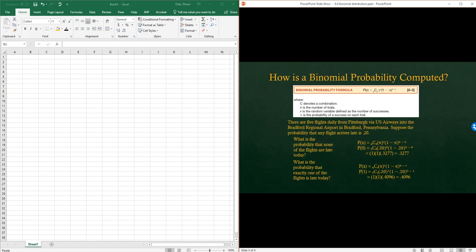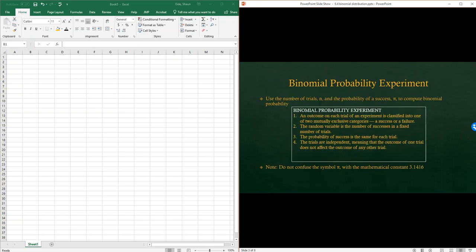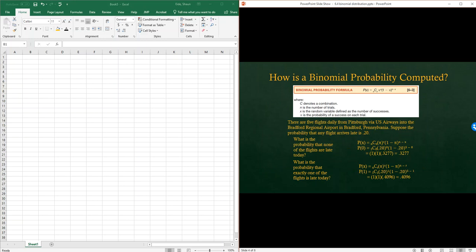So those are the rules, if you will. So right here we've got the formula. This is saying the probability of x equals the combination of n, the number of trials, and x, the random variable, the number of successes.